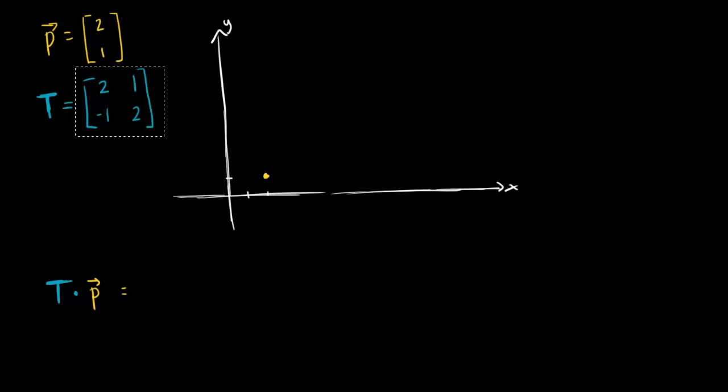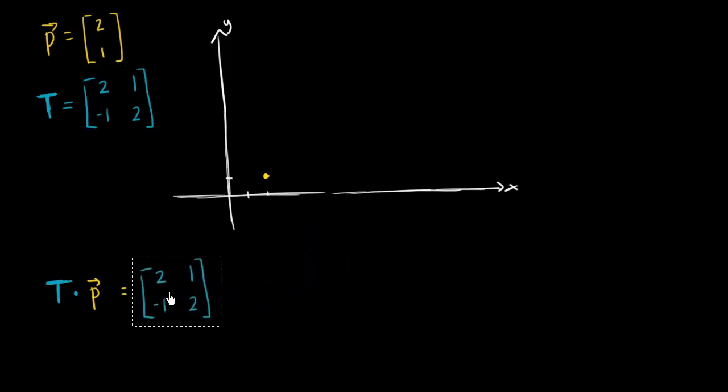We already know what they look like, so I'm going to copy and paste. That is T, and this is p right over here. And let's see, can we multiply a 2 by 2 matrix times a column vector like this, which is essentially a 2 by 1 matrix?